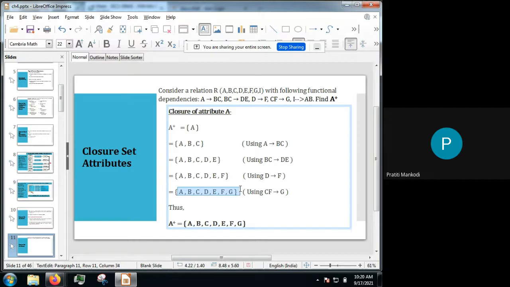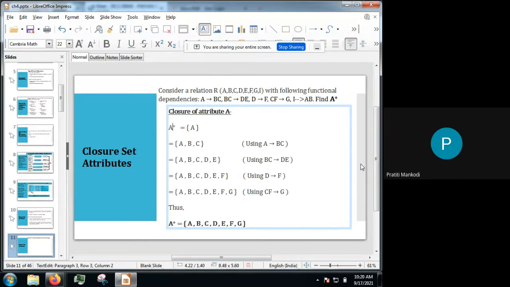So it is not necessary that indirectly ultimately all the elements will come. It may happen sometimes, or in almost all the cases, where you will not get all the attributes of R with the closure. It will only come if your A is a key. Right? We'll discuss further. If you are finding the closure of key, then and then only you will be getting indirectly all the attributes.